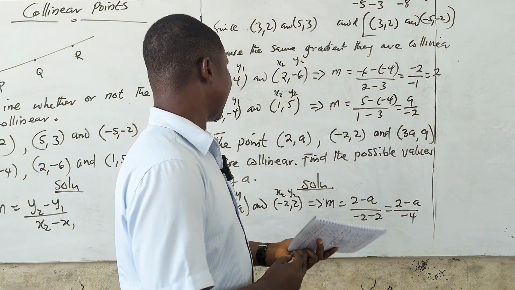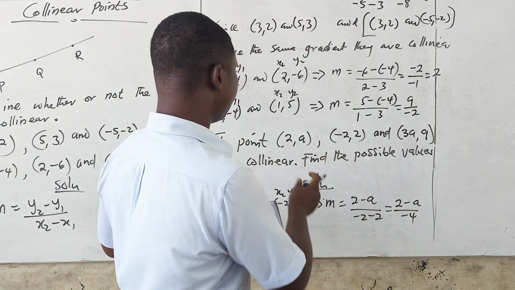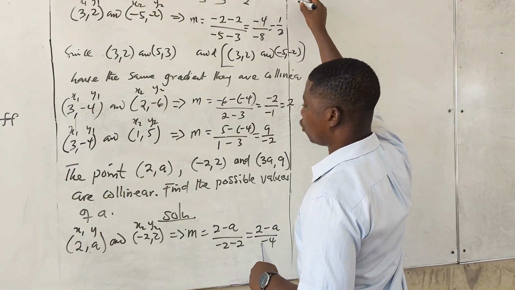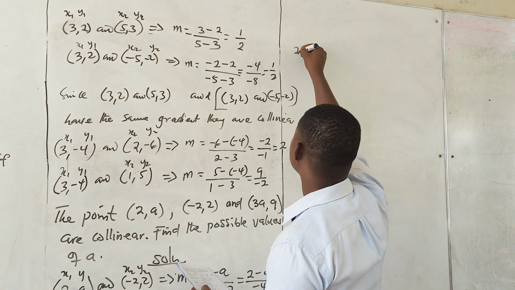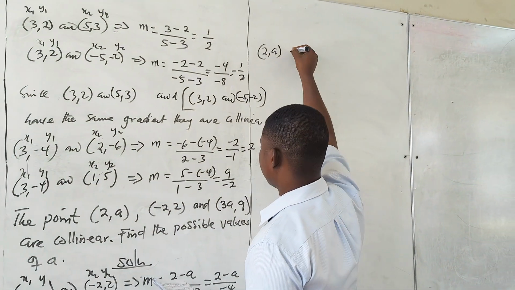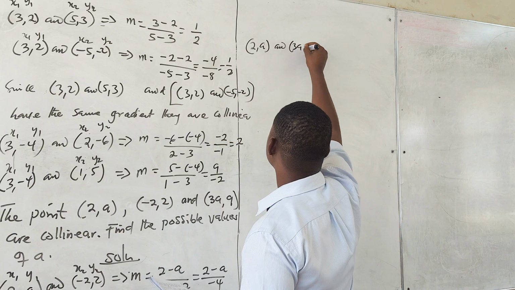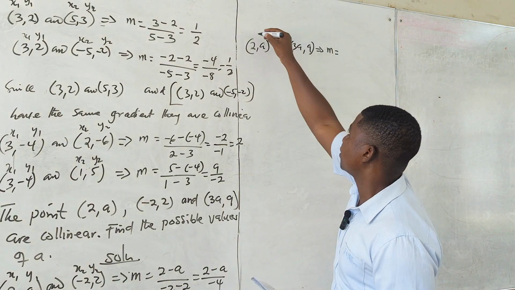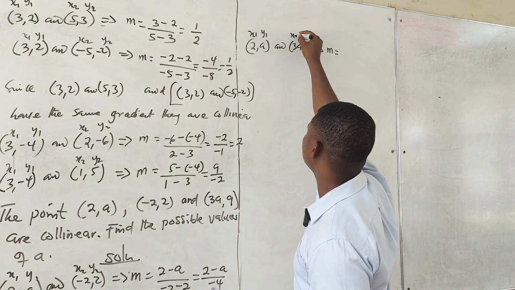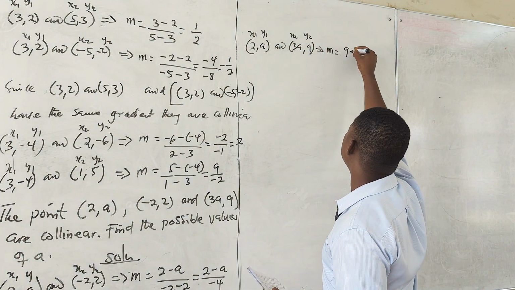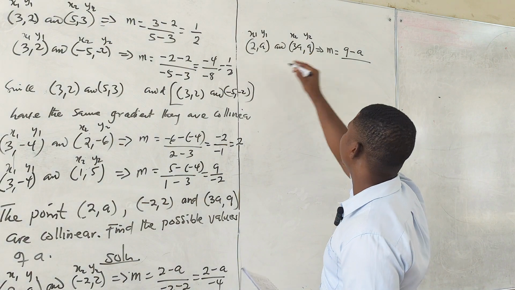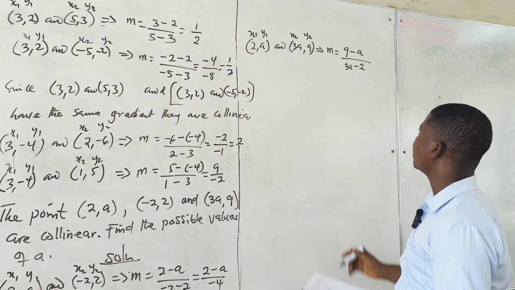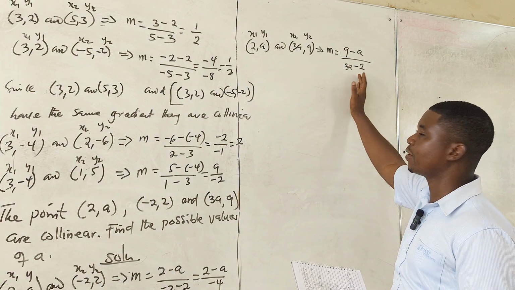So that is the gradient for the first one. Now you pick this and that and find the gradient. So gradient for (2, a) and (3a, 9), m is equal to, you have x1, y1, x2, y2, so 9 minus a over 3a minus 2. And this is the gradient for the second one.